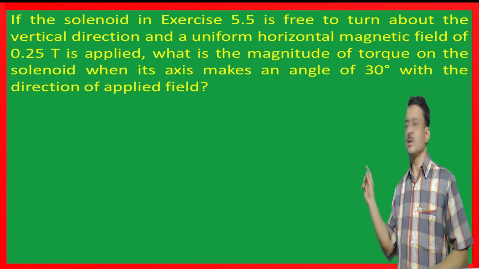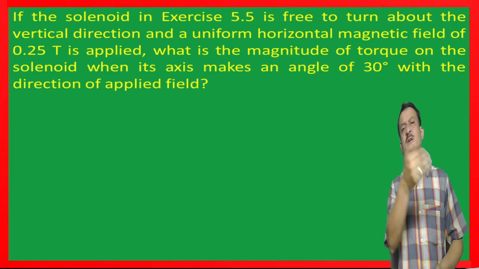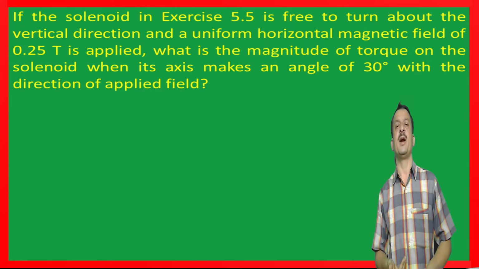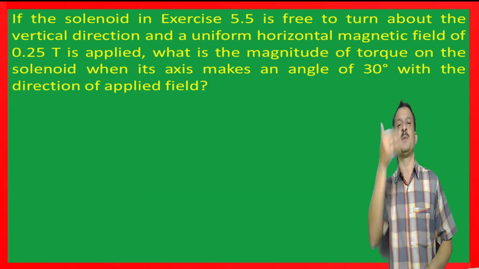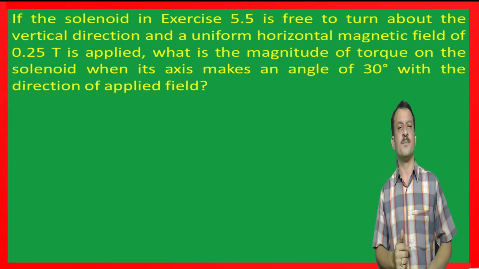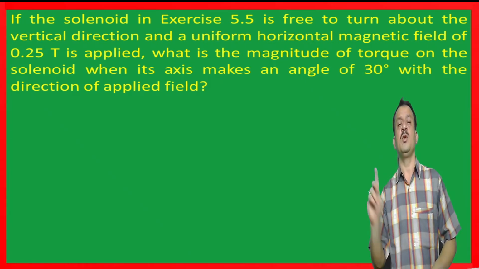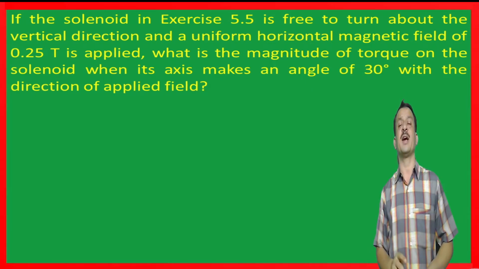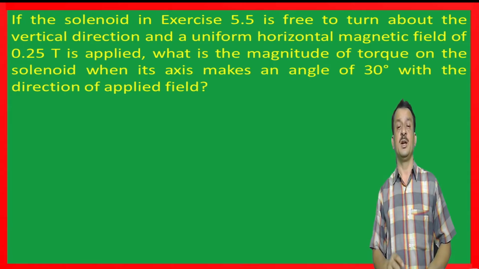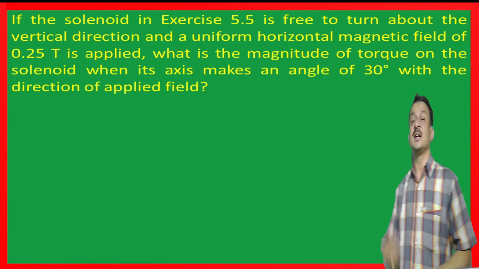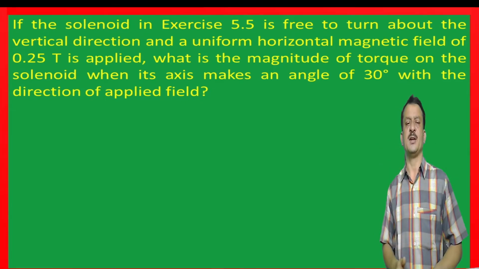Now in the previous problem, we have calculated the magnetic moment of the solenoid. Now that solenoid is placed in an external magnetic field of 0.25 Tesla. When it is rotated through an angle of 30 degree, we have to work out the torque experienced by that current carrying solenoid.